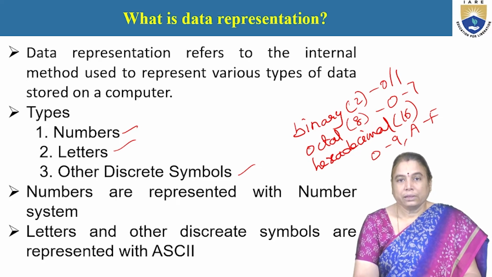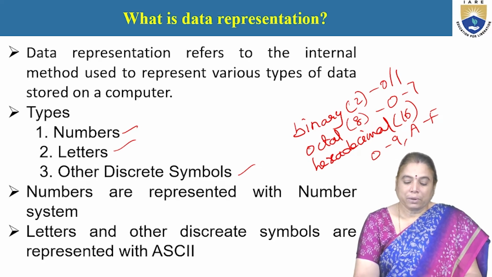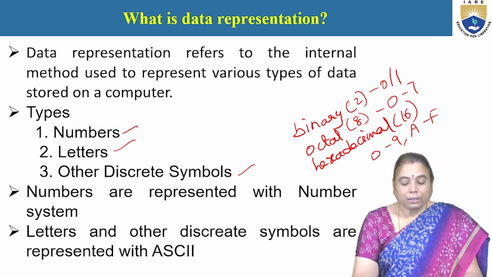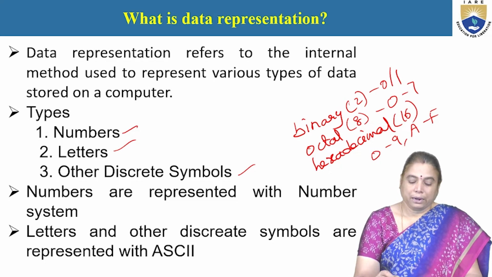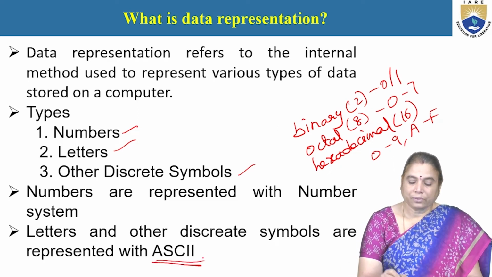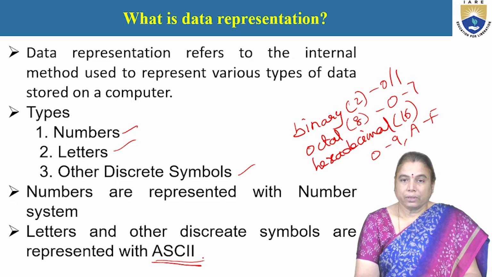So by using these number systems, the numbers can be represented in the registers. The letters and other discrete symbols can be represented with the help of ASCII code. This is the internationally standard code, the American Standard Code for Information Interchange. This code can be used to represent letters and discrete symbols.